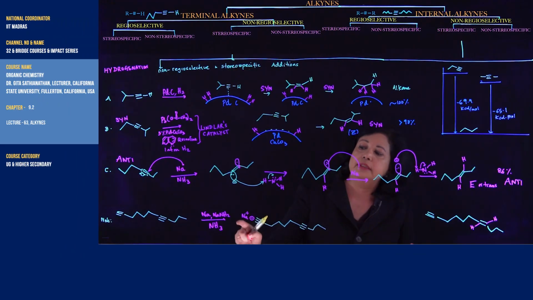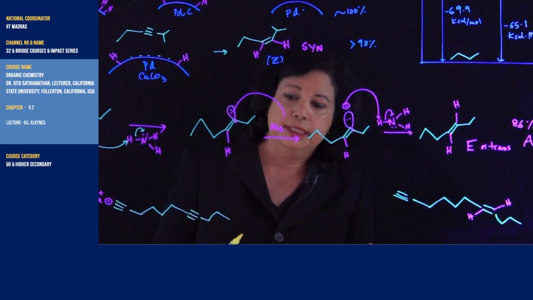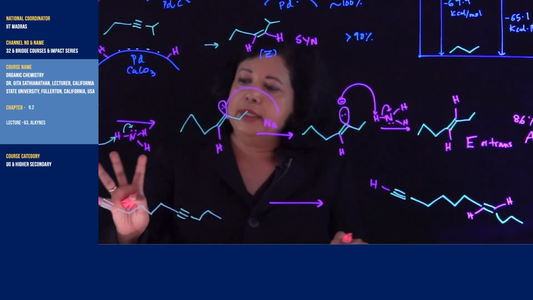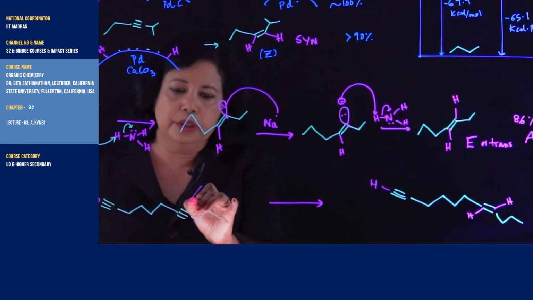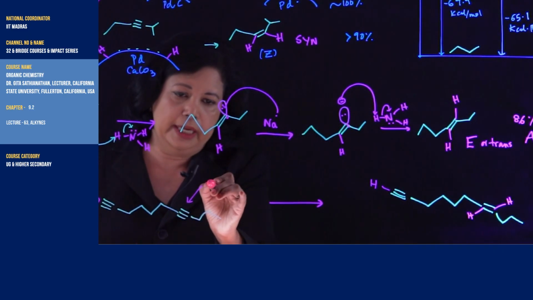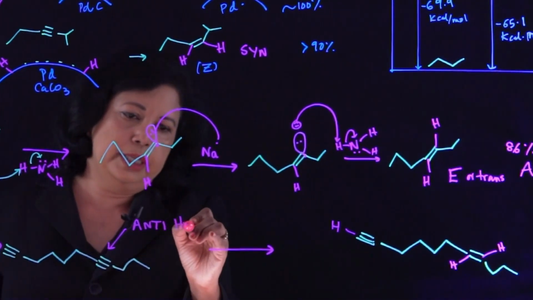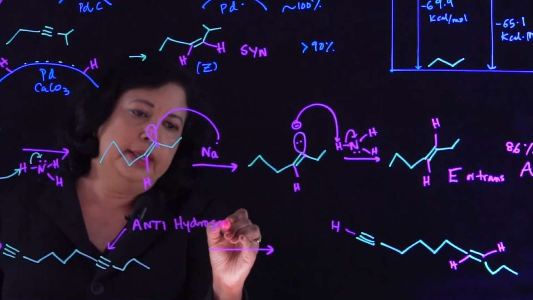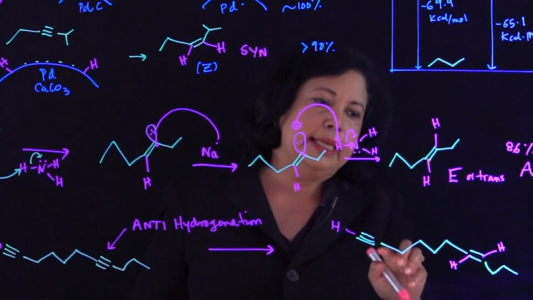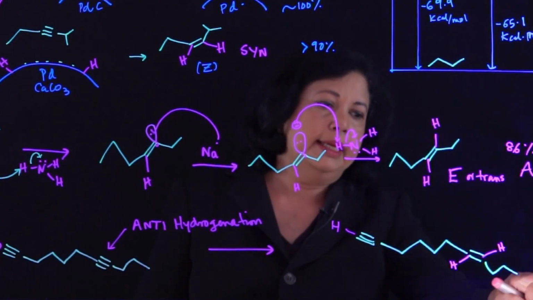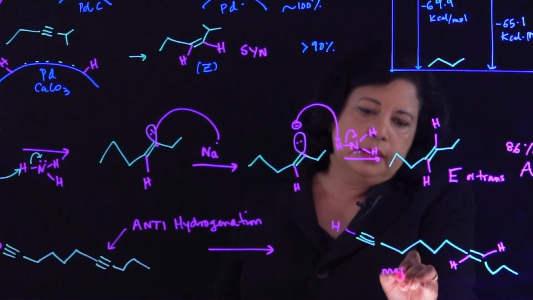So this is going to be spared, whereas the internal alkyne is then under attack. After your reaction, you get a reduction and anti-hydrogenation. Then during the final workup, you would protonate that and you would get a product here. This is your major product.